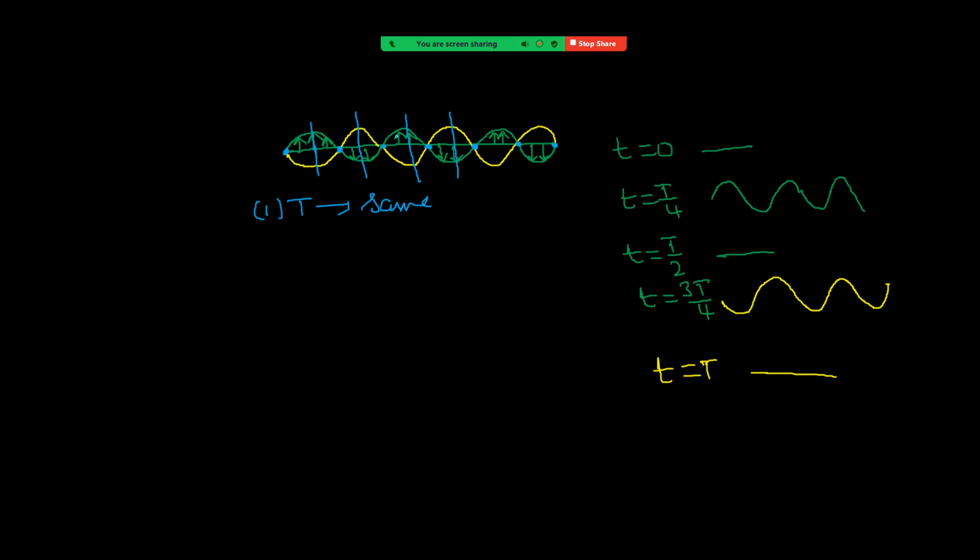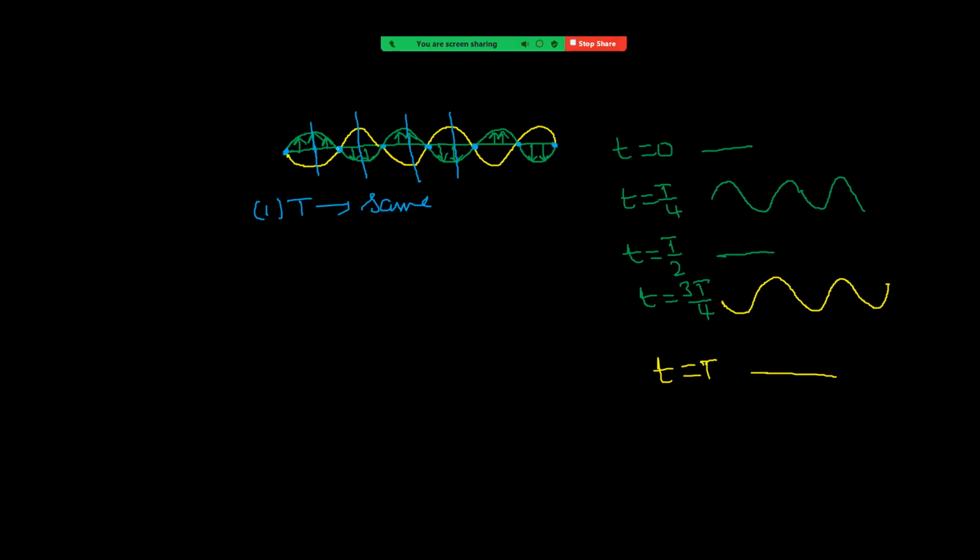That means if we take alternate loops like 1, 3, 5, 7, those particles are in phase. Or if you take 2, 4, 6, 8 like this, they are in phase. But if you take successive loops, they are out of phase. So the phase difference equals 180 degrees, right?